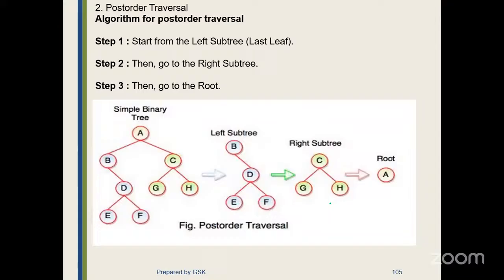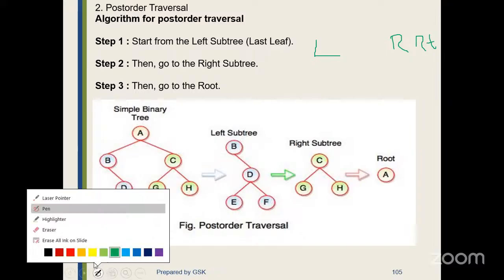And if we select post-order traversal, the simple formula you can understand is: post means left, right, then root node. Post means the root node will come at last. L, R, root node.